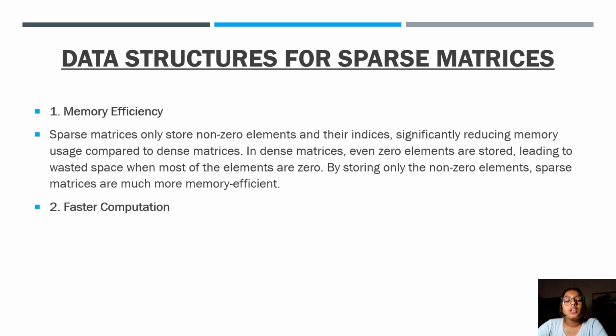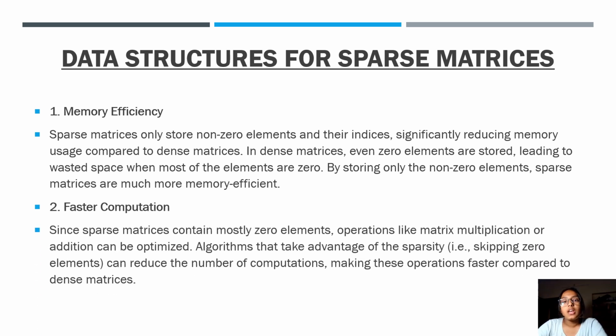The next topic is faster computation. Since sparse matrices mostly contain zero elements, operations like multiplication and addition can be optimized. Algorithms take advantage of the sparsity, skipping the zero elements, which reduces the number of computations and makes these operations faster compared to dense matrices. As we saw in the previous example, there were around 21 zero elements.